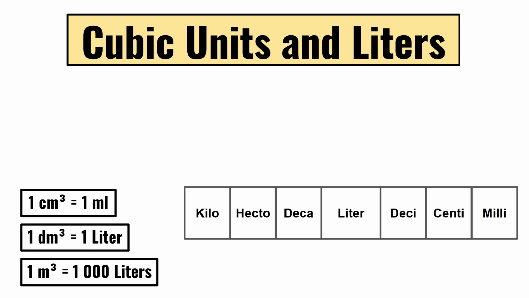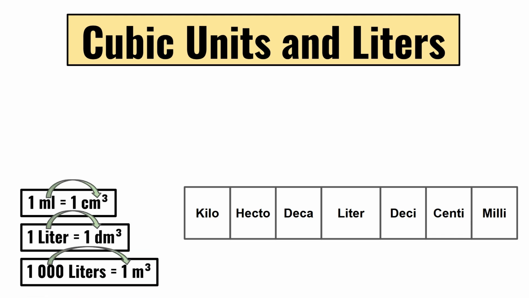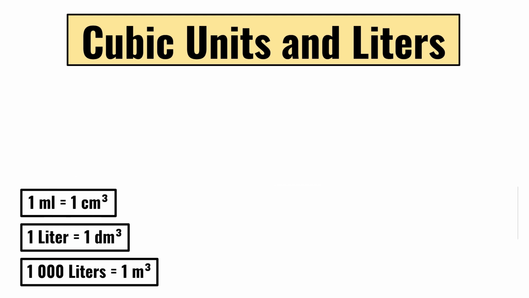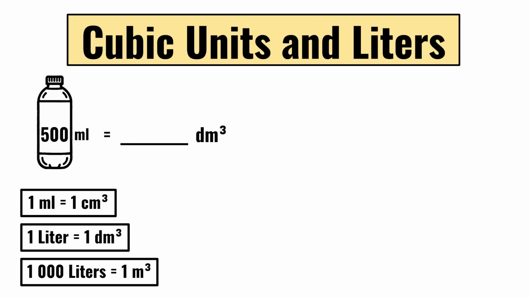So, now that we've seen how to convert cubic units to liters, let's switch it around and convert liters to cubic units. Let's say I have a water bottle that holds 500 milliliters, and I want to know how many decimeters cubed that's equal to.